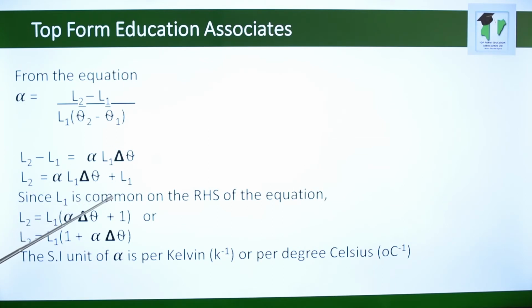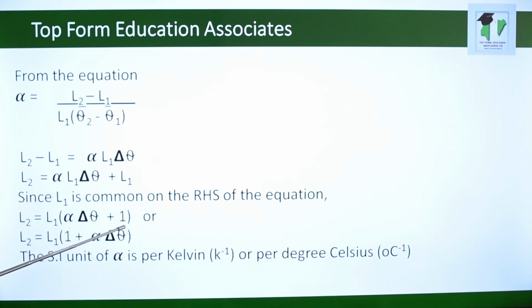Since L1 is common on the right-hand side of this equation, you have L1, you have L1. It is common, so you pick one of them as a common factor. So you have L2 is equal to L1 times what is now remaining, alpha change in theta plus 1, because L1 times 1 is L1 here. L1 times this gives you alpha L1 change in theta, which is what you have here. L1 times 1 gives you what?